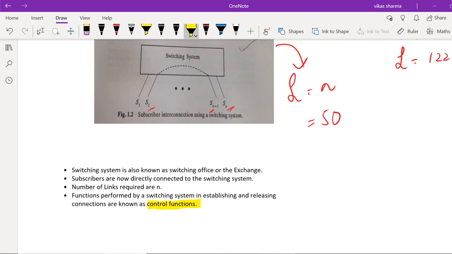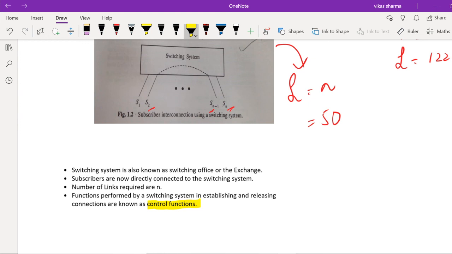Switching systems are also connected among themselves to support the trunk subscribers. That means if a subscriber in one city wants to make a call to a subscriber in another city, two switching systems would be connected among themselves to make this possible. So switching systems played the most vital role in telecommunication systems.